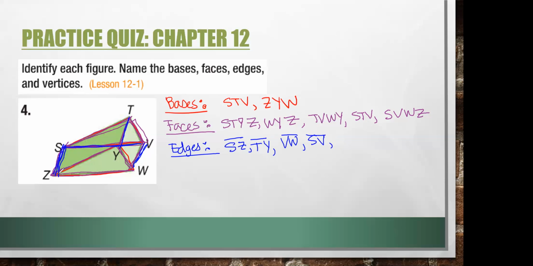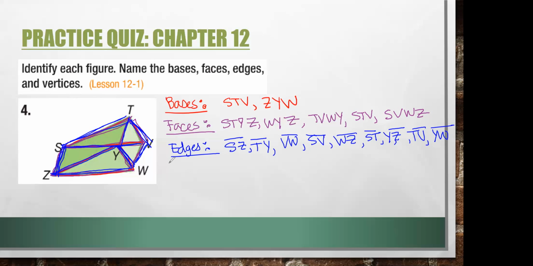And then we have WZ right here. And then we have ST over here. And then YZ right here. And then TV right here. And then the last one is YW right here. Okay, so basically every single line.